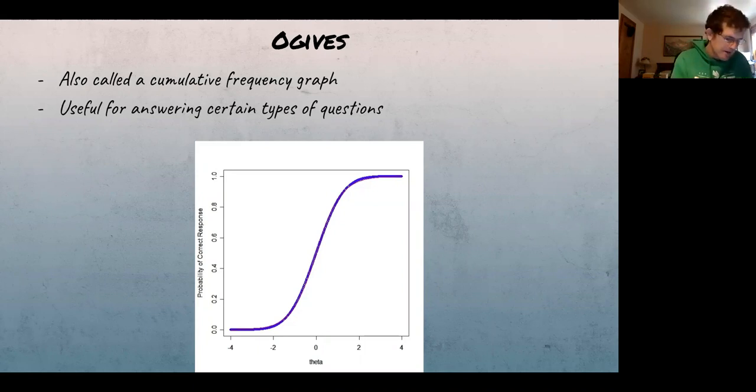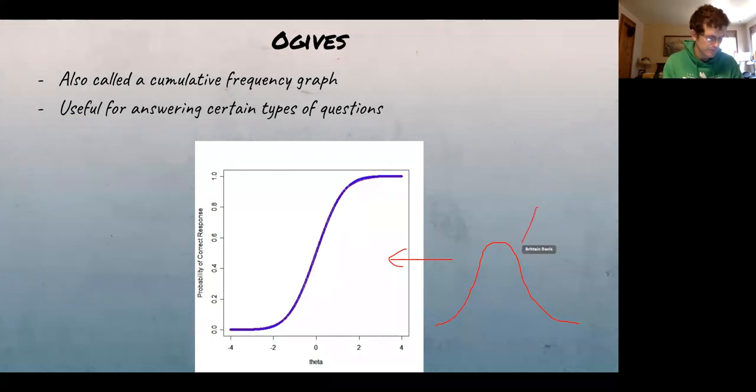So essentially what's happening is we're turning a histogram that looks like this into an ogive that looks like that, because we're showing the cumulative frequency. Notice that the first half of this looks like a regular distribution like I just showed you. But then it keeps going up because we are cumulatively adding to the total.